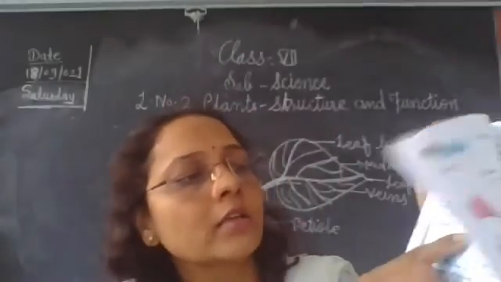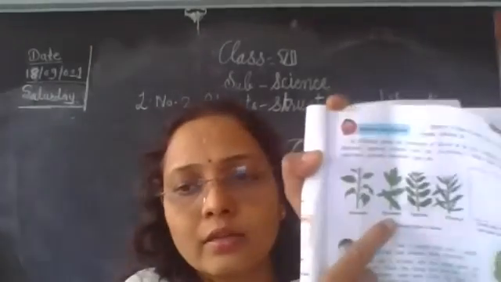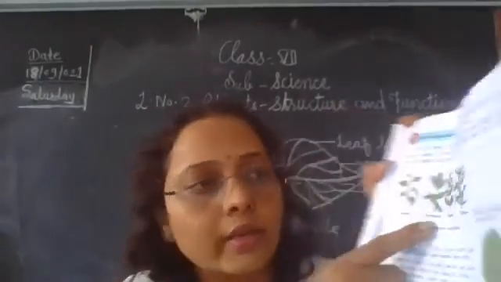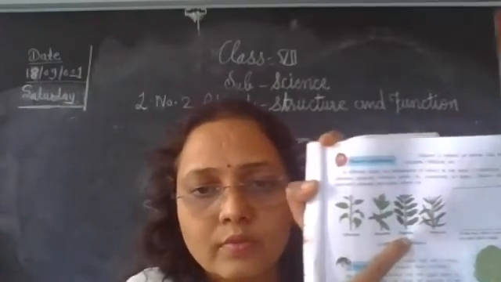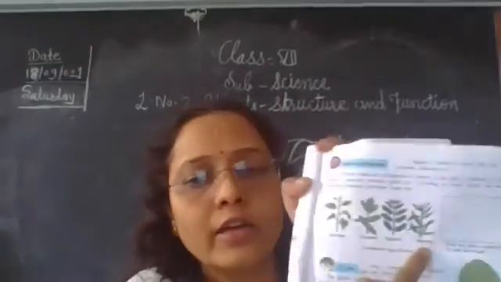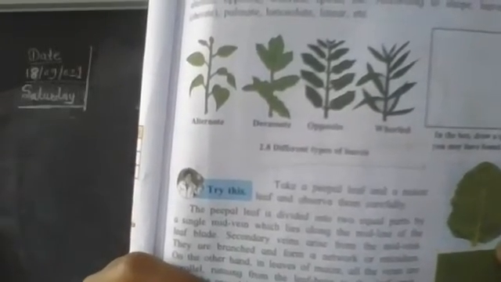Then it is decussate. Then it is opposite. The leaves are opposite. And here, whorl leaves. Let's see, according to the arrangement of the leaves on the stem.